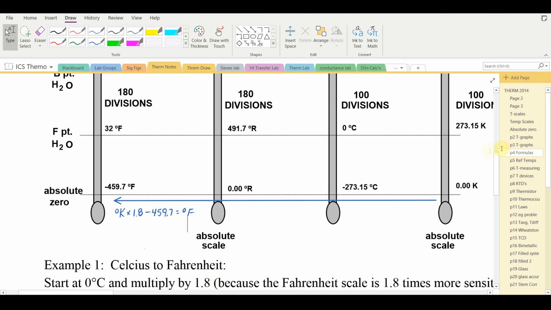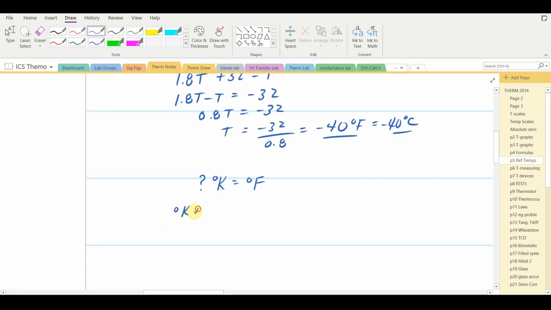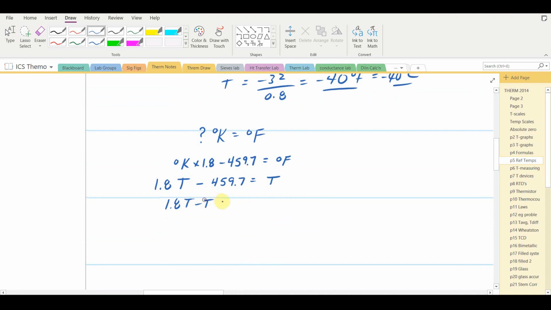So let's put that formula in and calculate the temperature where these are in fact the same temperature. Degrees Kelvin times 1.8 minus 459.7 equals degrees Fahrenheit. Let's just call that T. I'll say that's 1.8 T minus 459.7 equals T. 1.8 T minus T is plus 459.7. 0.8 T is 459.7.